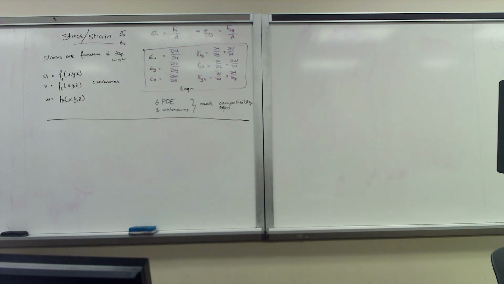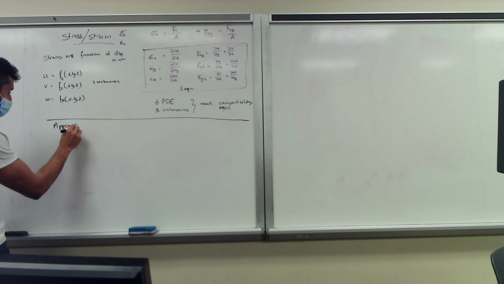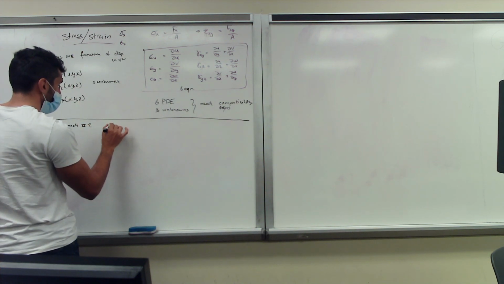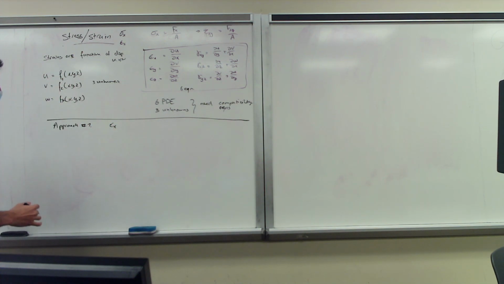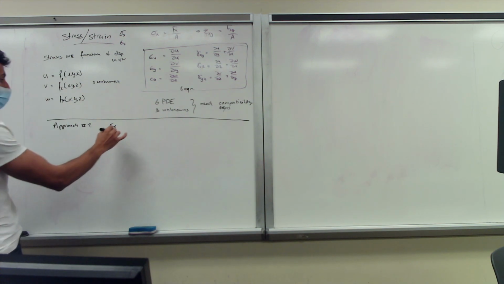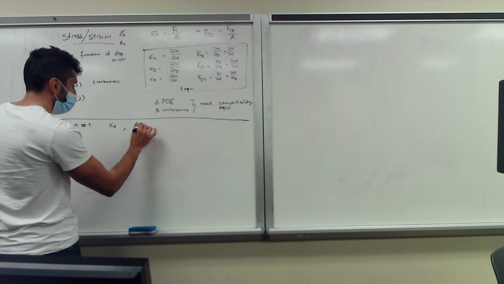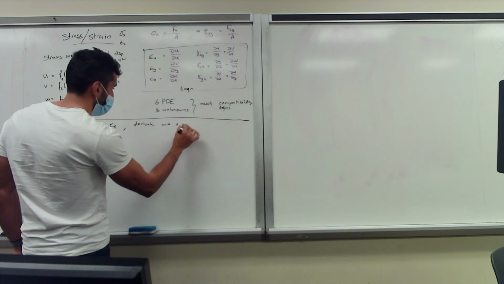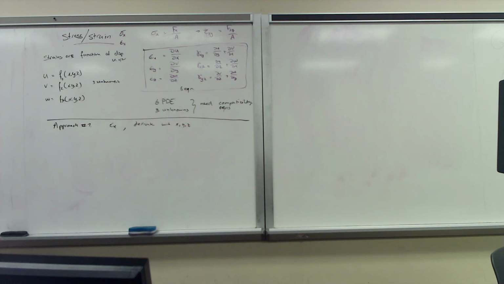One approach is, we go with the strains, epsilon x for example, and we take the derivative with x, y, and z, and that's basically all the variables that we have here.